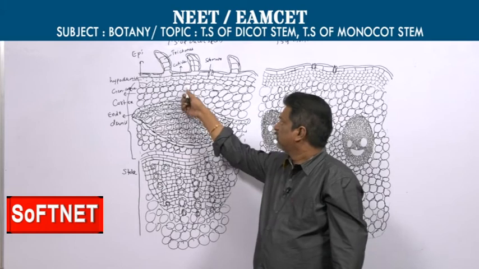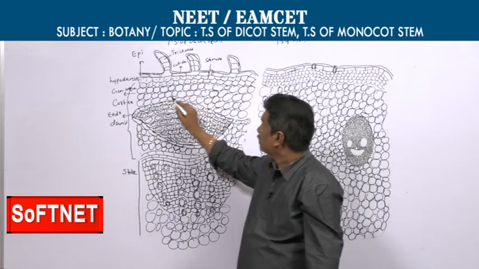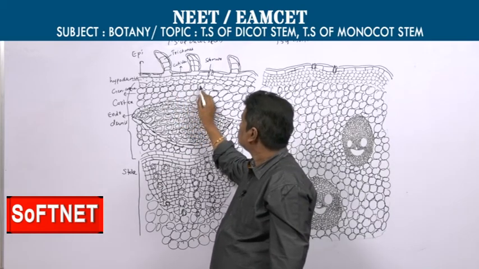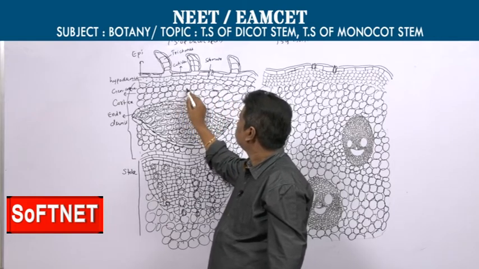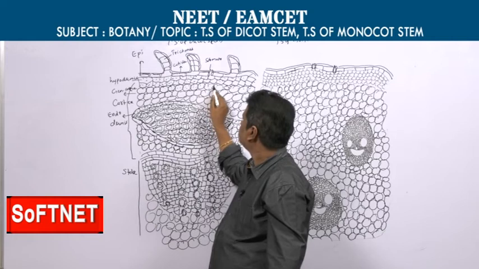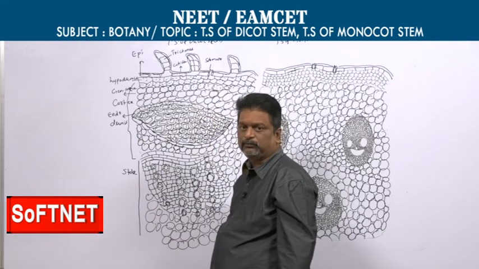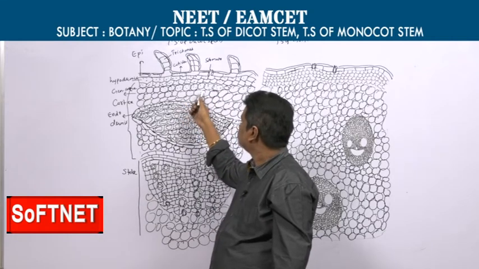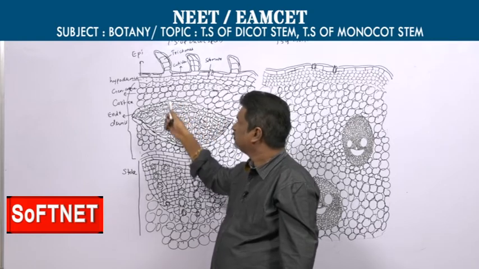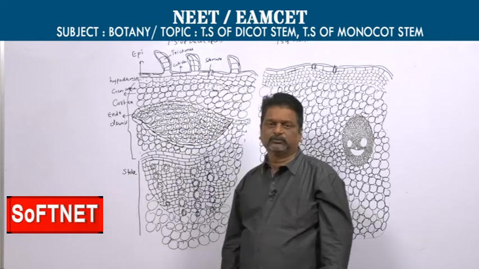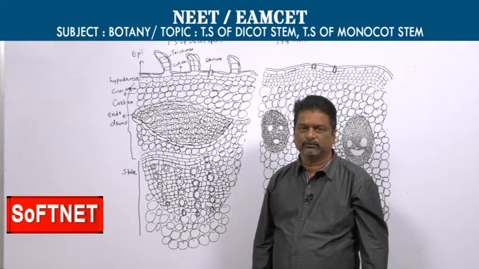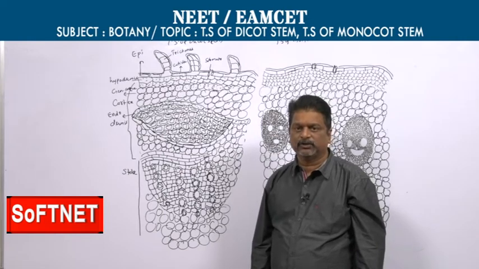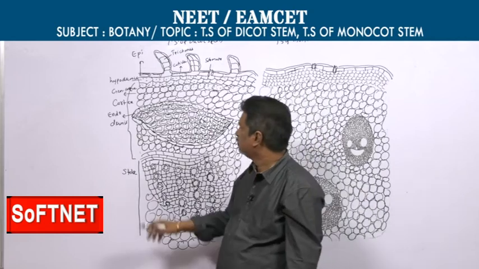Outer cortical cells contain chloroplast, so they help in assimilation. And inner cortical cells contain leucoplast, so they help in storage. That is about general cortex.